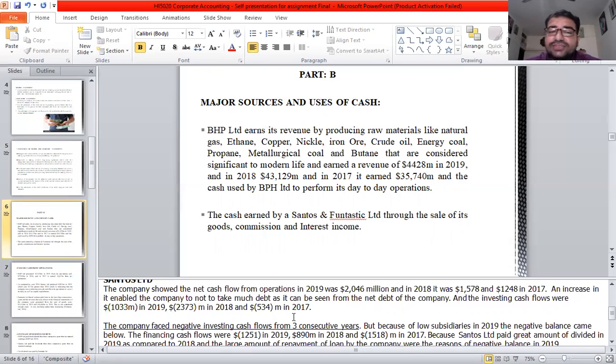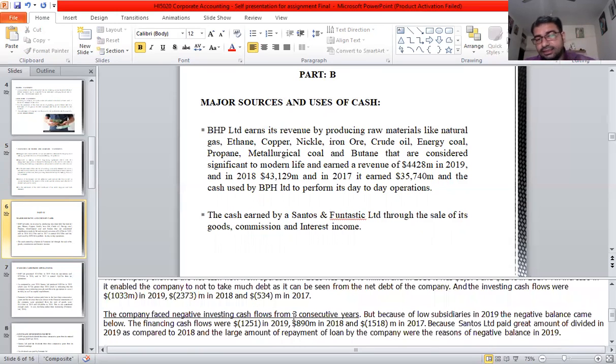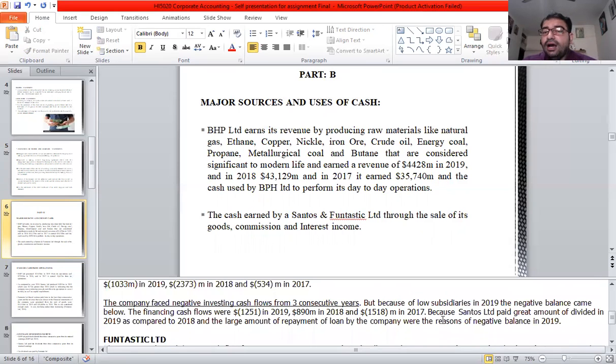And the investing cash flow were 1,033 million in 2019, 2,373 million in 2018, and 534 million in 2017. The company also faced negative investing cash flow in 3 consecutive years. However, due to low subsidies in 2019, the negative balance came as below.